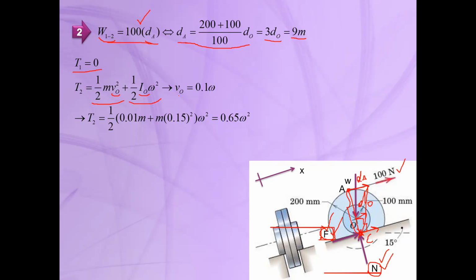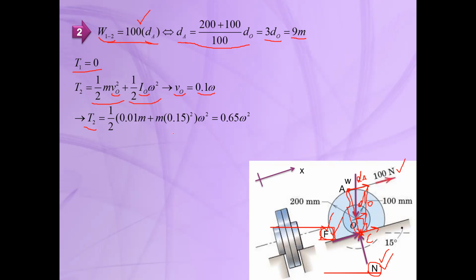And we know that v_O, the velocity of the mass center, is equal to the radius times omega. Similar to the previous method, this is a motion without slipping. So when we don't have slipping, the velocity of the mass center is equal to the radius times the angular velocity. So this is T sub 2, or the final kinetic energy.